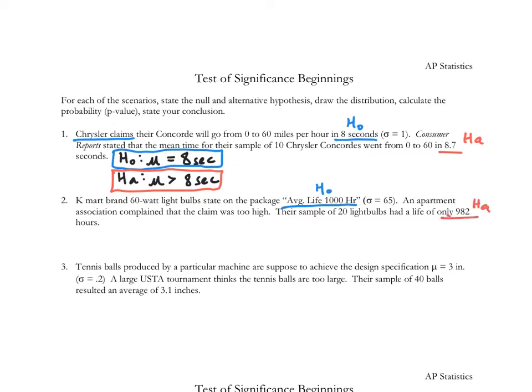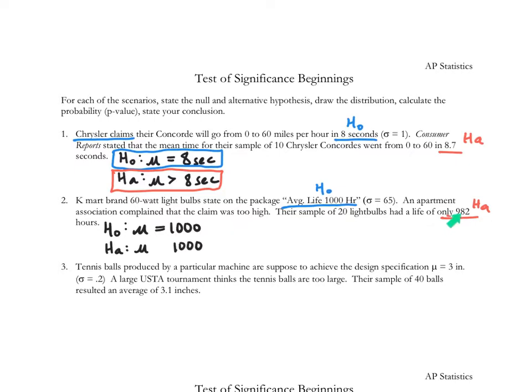So my null hypothesis is that the average lifespan of the light bulb is 1,000 hours, right? But the alternative is, when they put it to the test, how did it compare to 1,000?